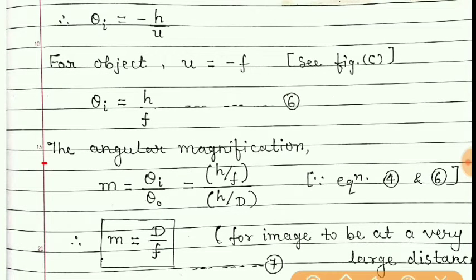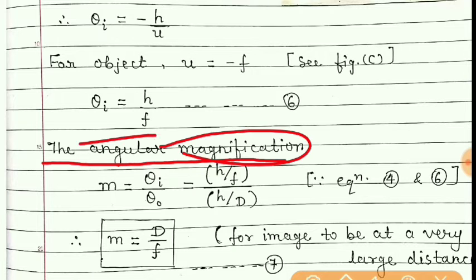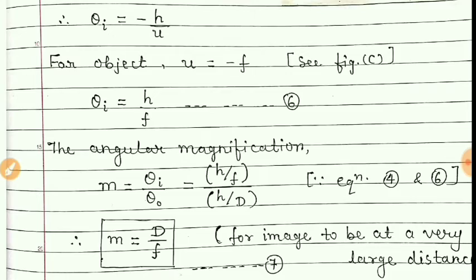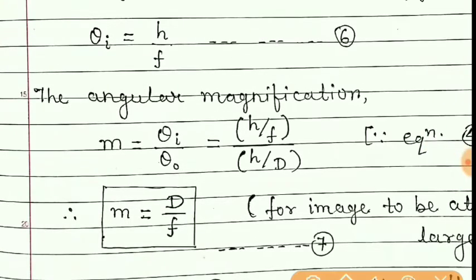Now angular magnification means magnification in terms of angle. So it can be defined as the ratio of the angle subtended by the image to the angle subtended by the object.